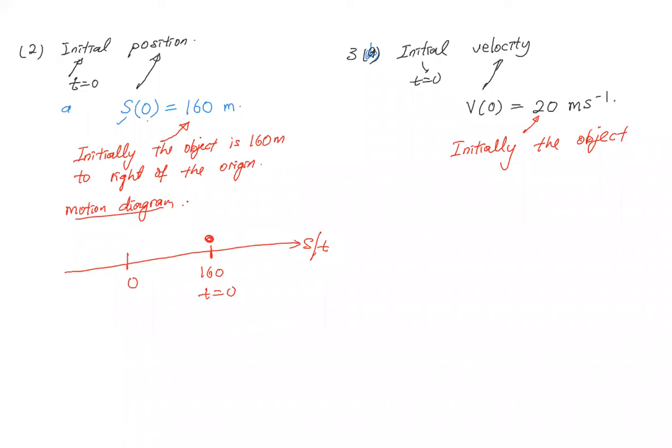That is just read from here. You have to give me the sense of direction, Kiko. Initially the object is moving to the right? Yes, with the speed of 20 ms. Yes, you are right. That is called interpret. Understand?